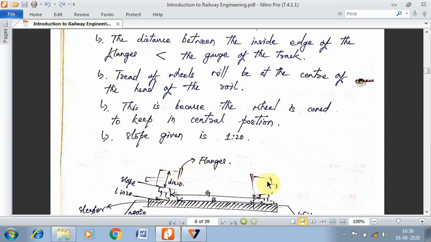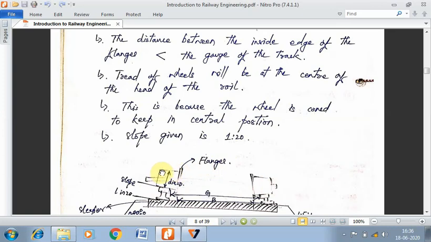Now these wheels are generally metallic, the rails are also metallic, the axle is also metallic, and within this wheel, this particular section, which looks like a plate, the projected portion, is called the flange of the wheel, right?